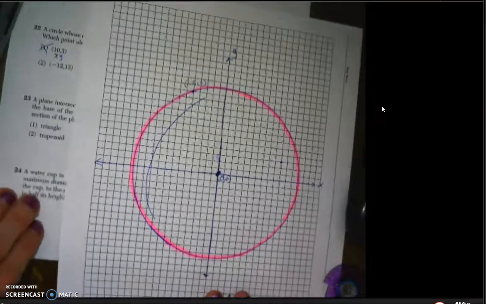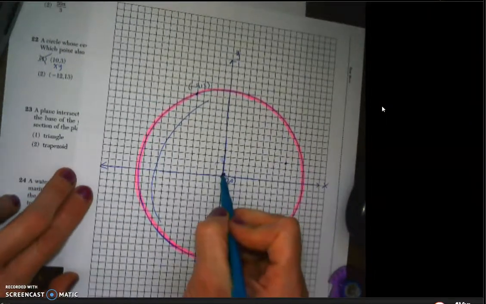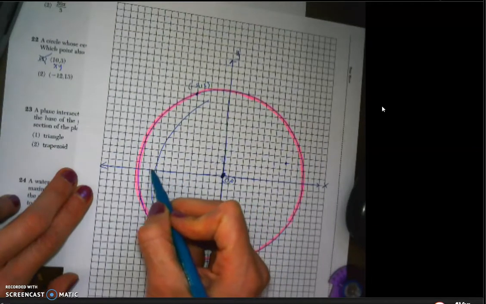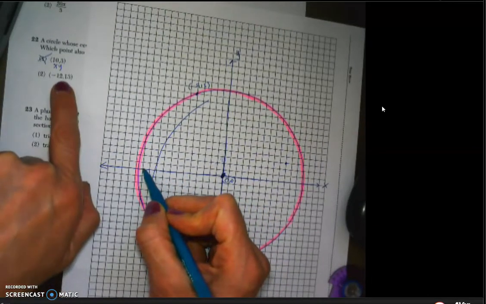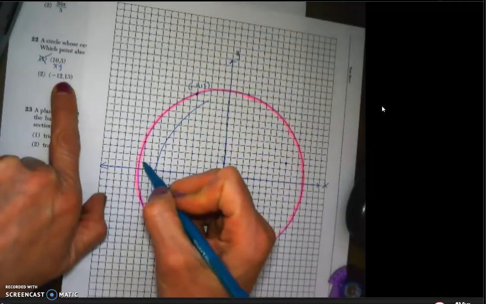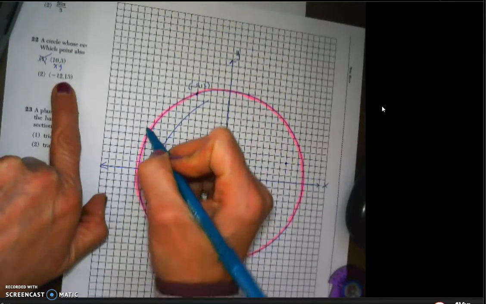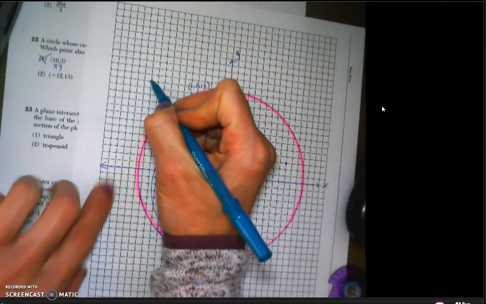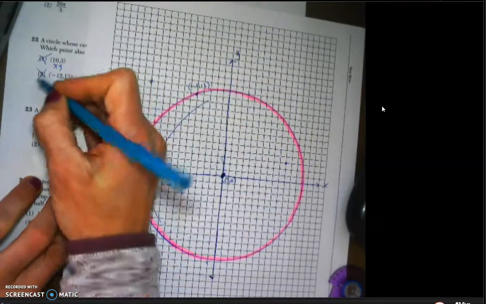Let's look at choice 2. Choice 2 says -12, -13. From the origin, 1, 2, 3, 4, 5, 6, 7, 8, 9, 10, 11, 12, -12, then it says +13, 1, 2, 3, 4, 5, 6, 7, 8, 9, 10, 11, 12, 13. Clearly that point is not on the circle.